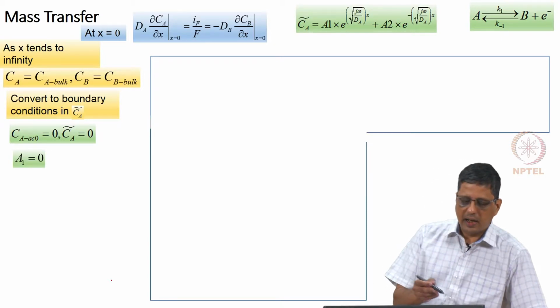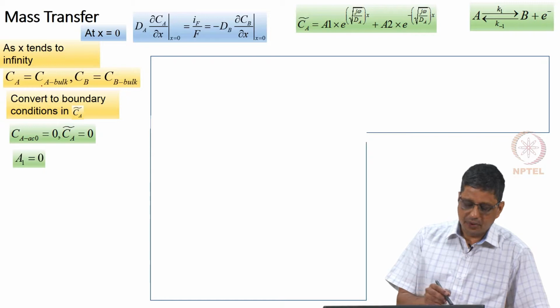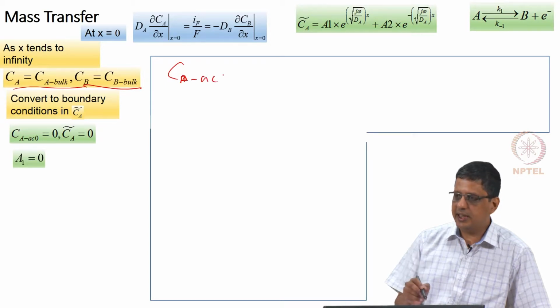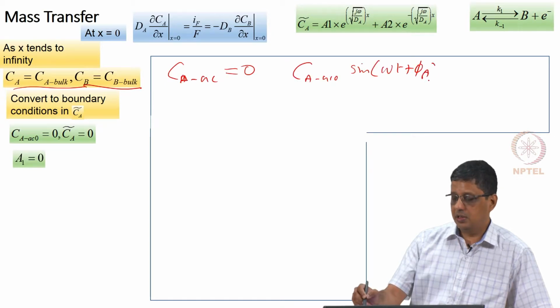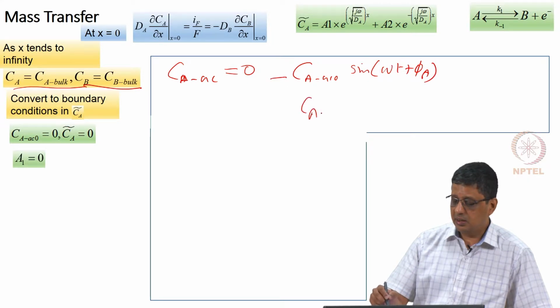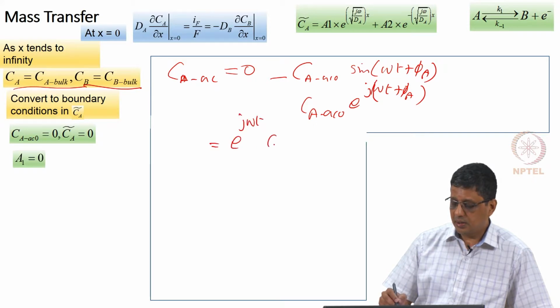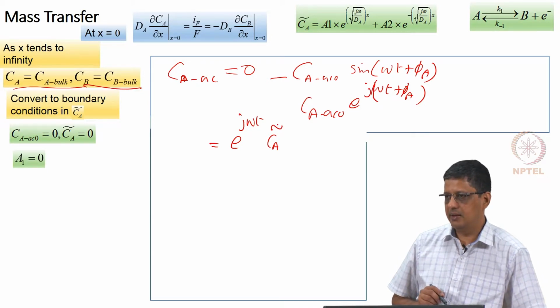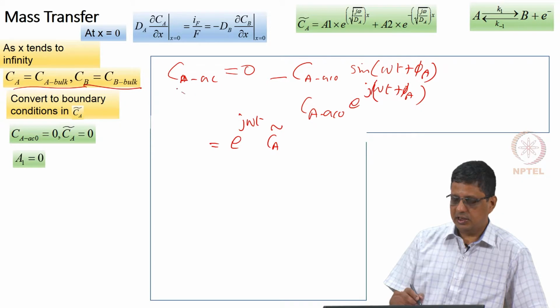At x equal to infinity, CA is CA bulk, CB is CB bulk, that means CA AC, there is no fluctuation there. This is one way of expressing it. Fluctuation is 0.